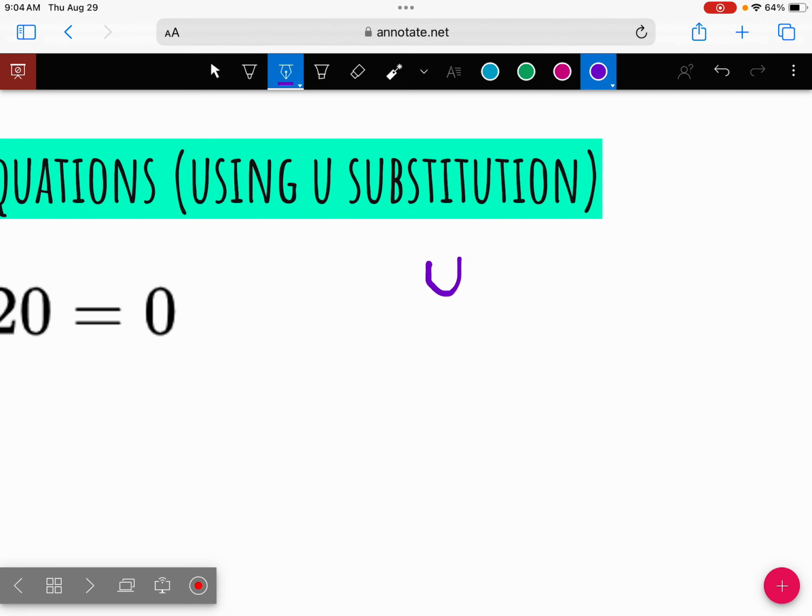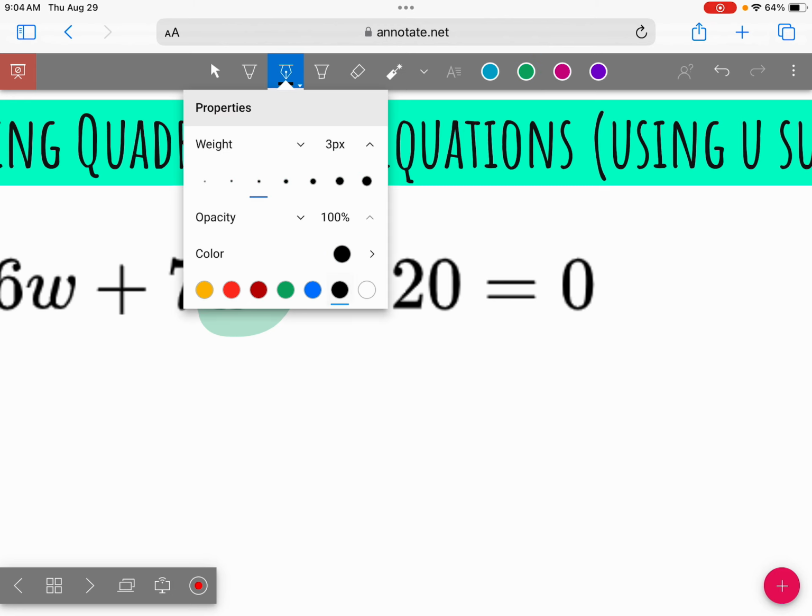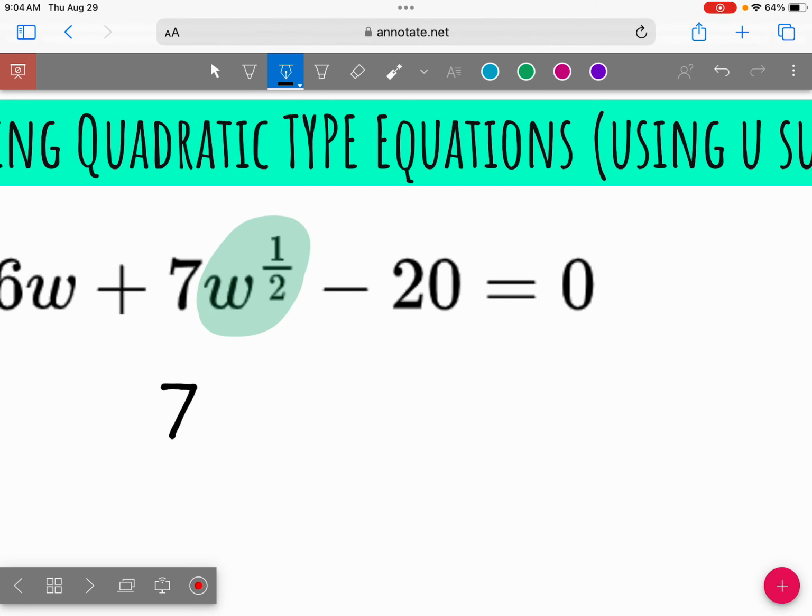I'm going to set my U to be equal to W to the 1/2, because I really don't want to have to deal with W's and W's to the 1/2. So if I replace any W to the 1/2 with a U, this middle piece becomes 7U, which is way better.